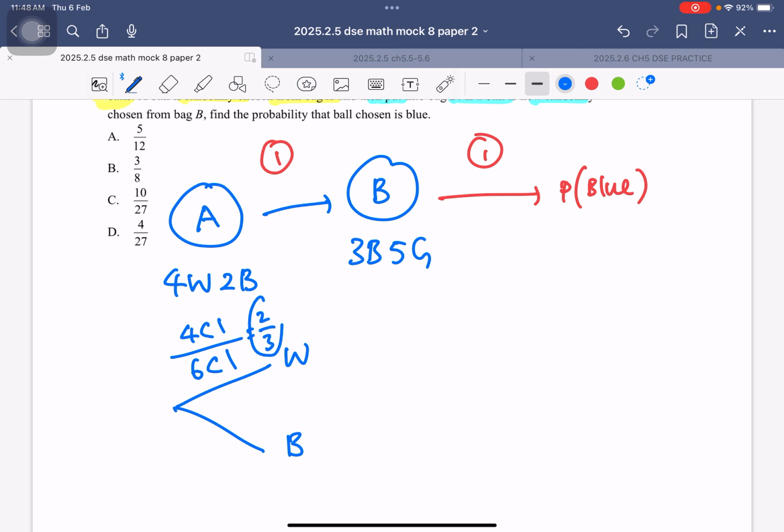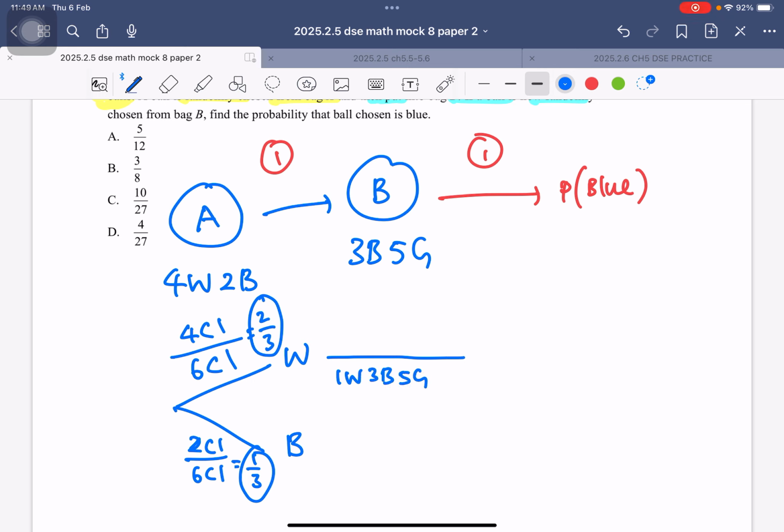Yeah, 2/3. And if we're choosing the blue ball, it's going to be 2C1 divided by 6C1, giving you 1/3. So if the white ball is taken out, then what we have in bag B now is 1 white, 3 blue, 5 green, isn't it?